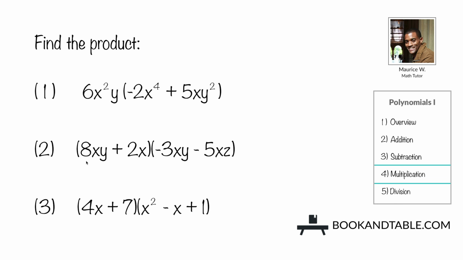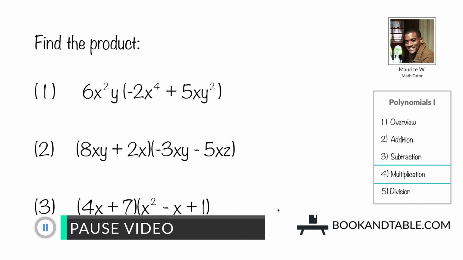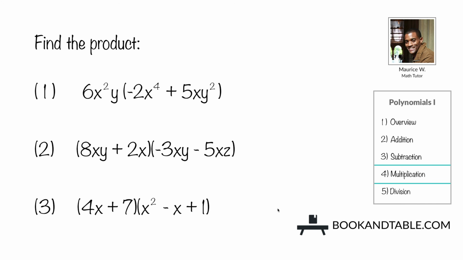Find the product of 8xy plus 2x times negative 3xy minus 5xz. And question number 3. Find the product of 4x plus z times x squared minus x plus 1. Pause the video, answer these questions, and then press play when you are ready to begin.